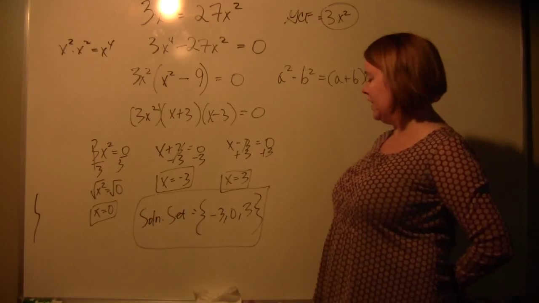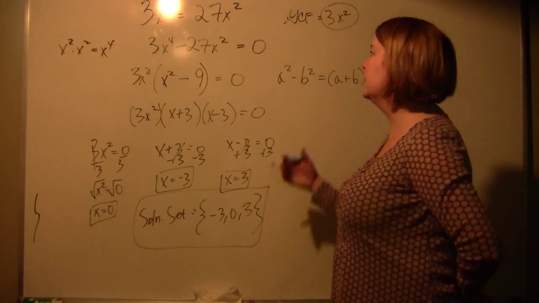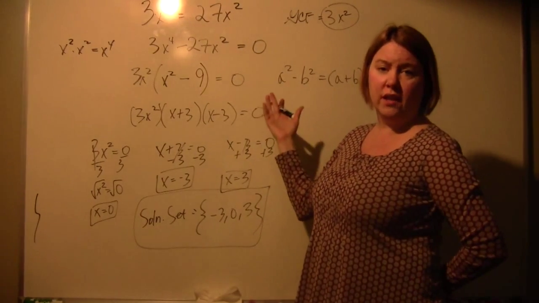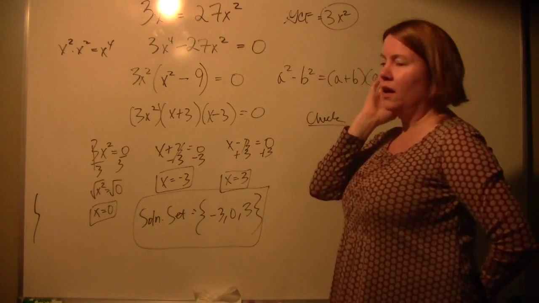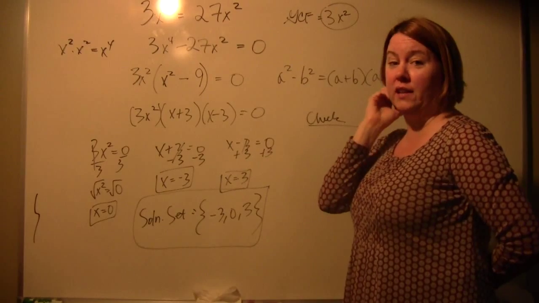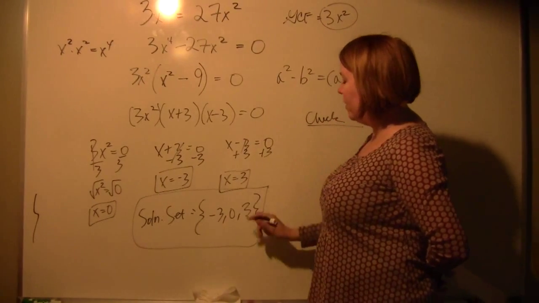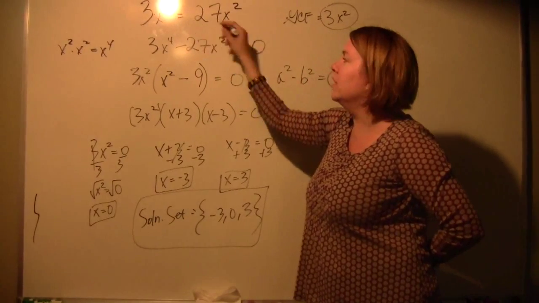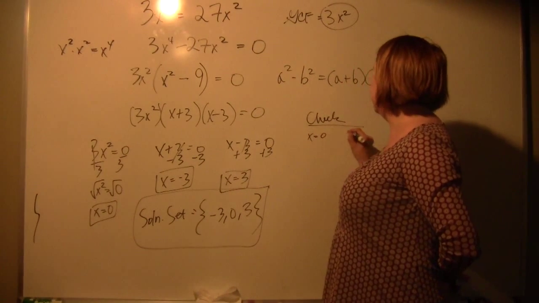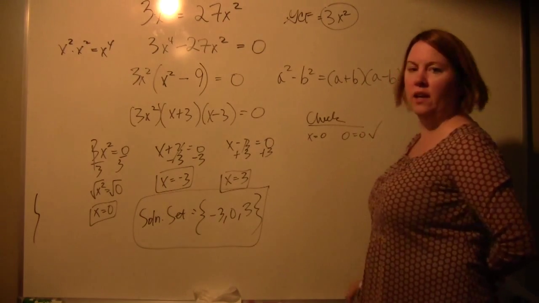Now, before we say that, we probably should check this. I can just tell by looking at it that it is going to work out. But for x equals 0, if you look at this, 0 equals 0, you're going to get a true statement. So that one checks.